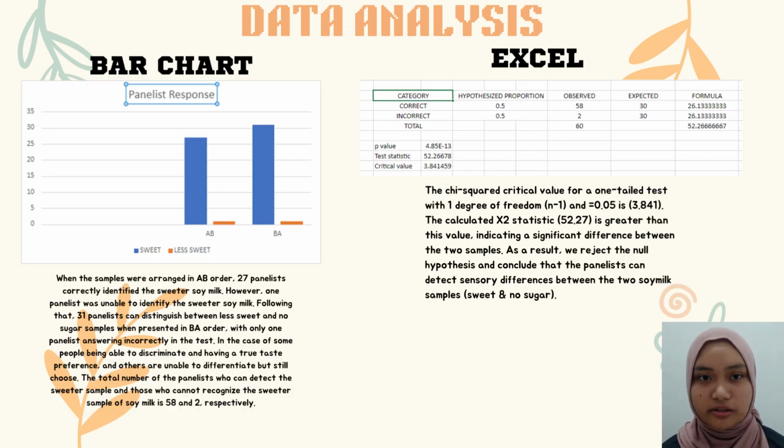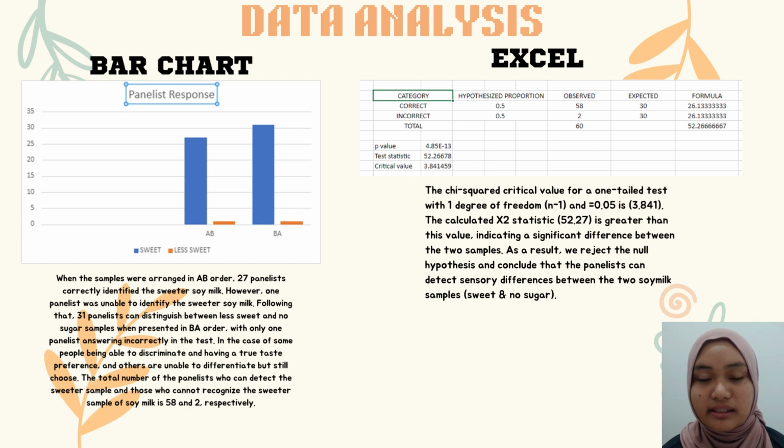By using Microsoft Excel, the adjusted chi-square test is used to see if there is a statistically significant difference between the expected and observed frequencies of this test. The chi-squared critical value for a one-tail test with 1 degree of freedom and alpha equals 0.05 is 3.841.